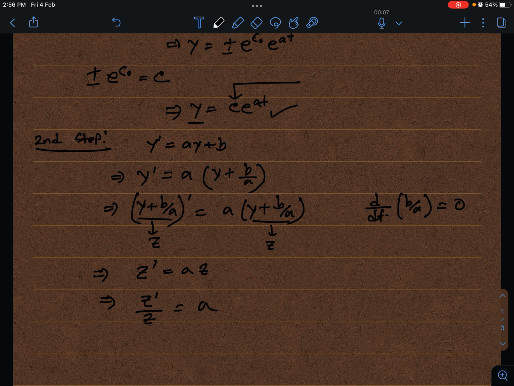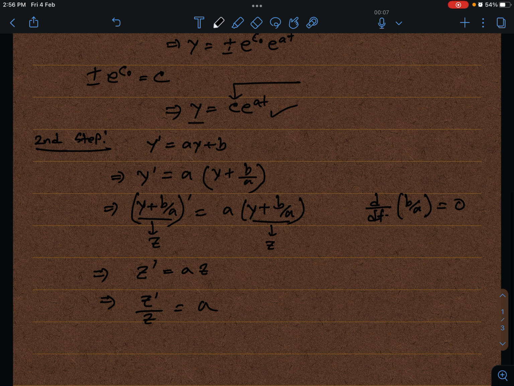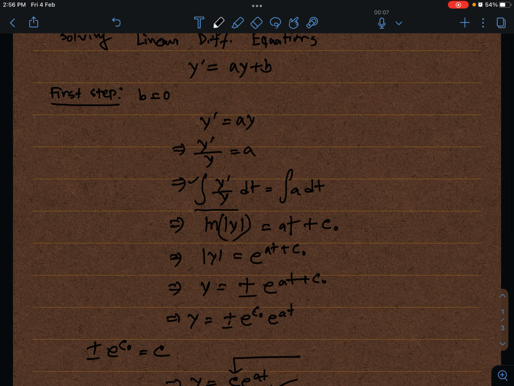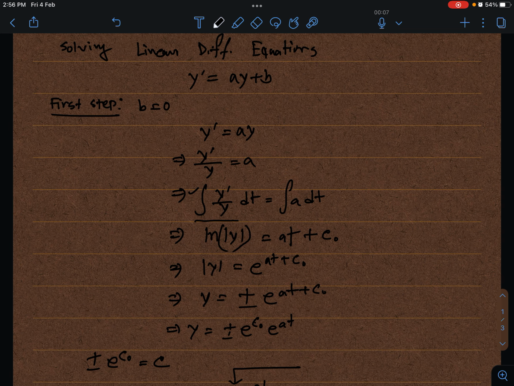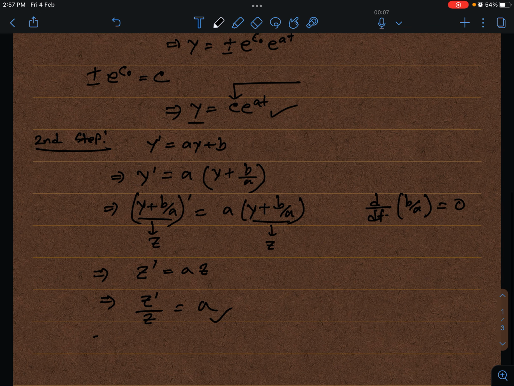Now we can solve this equation similarly to the previous one, following a similar approach. So we have z prime divided by z dt equals a dt.